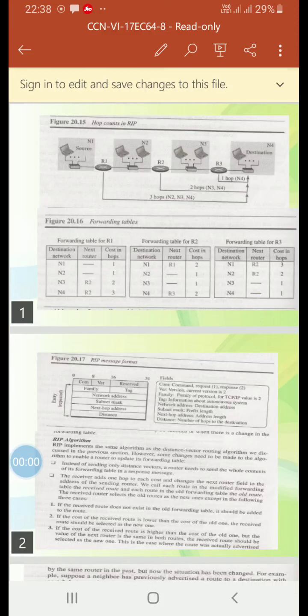So students, we'll continue with hop count. I have told that a router in this protocol basically implements the distance vector routing algorithm which has been shown.